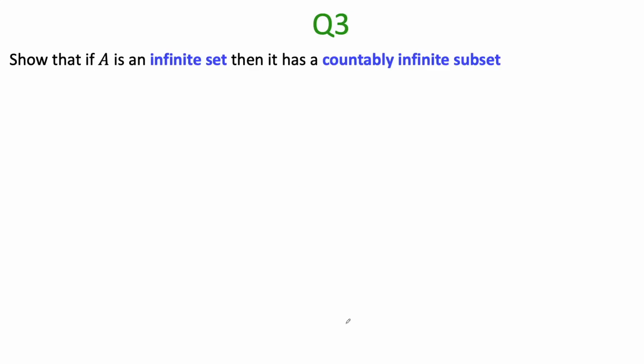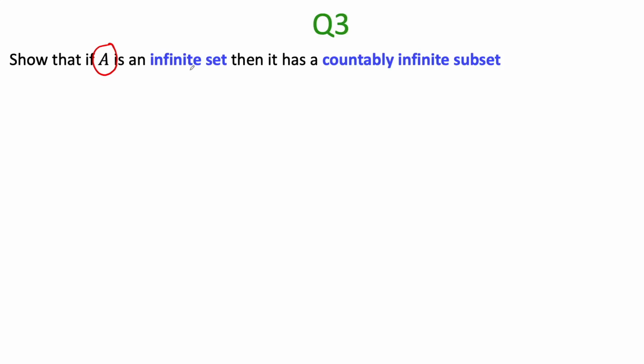In question number 3, you are asked to show that if you are given an infinite set, then it doesn't matter whether A is countable or uncountable, you can always find a subset of A which is countably infinite. Of course, if my set A itself is countably infinite, then the subset would be the set itself.